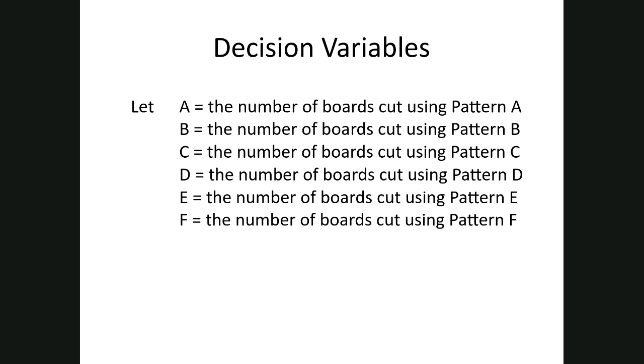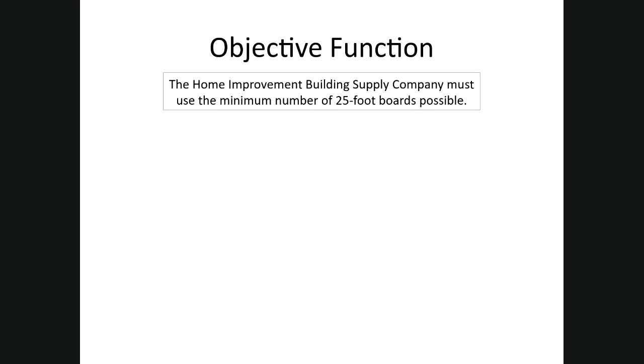Then the next question is, what's the objective function? Well, clearly in this case, we want to minimize that objective. And in this case, we want to minimize the total boards used.